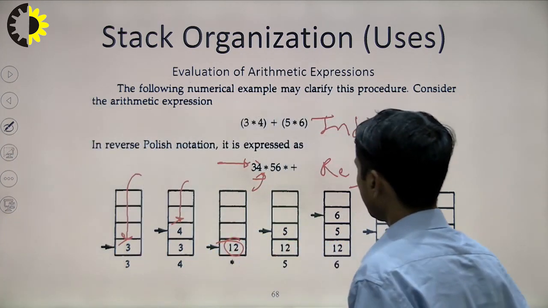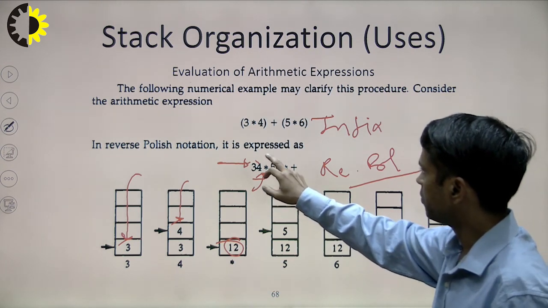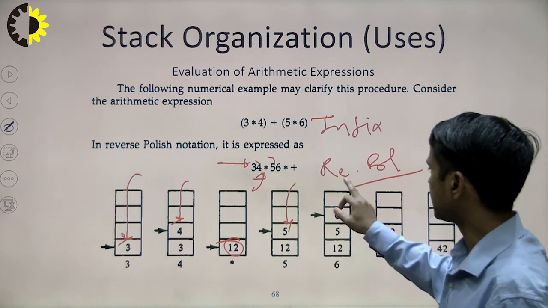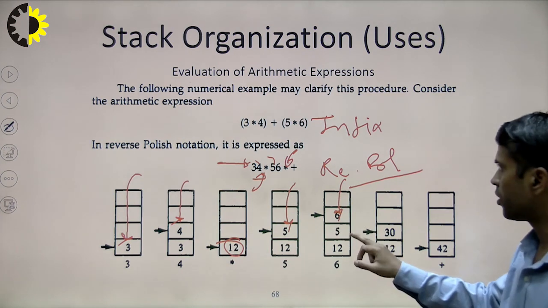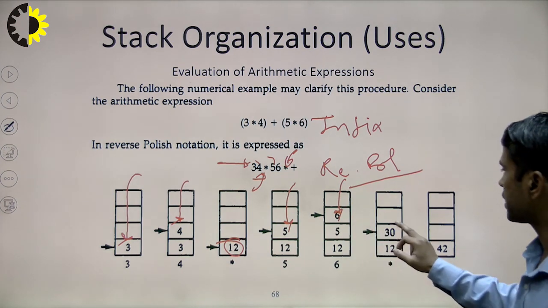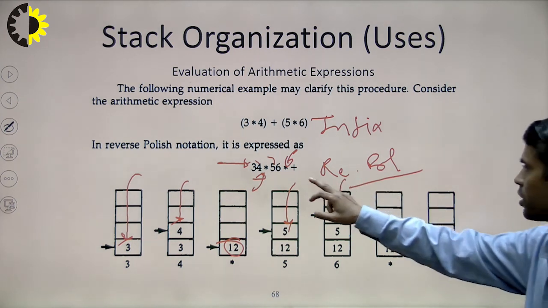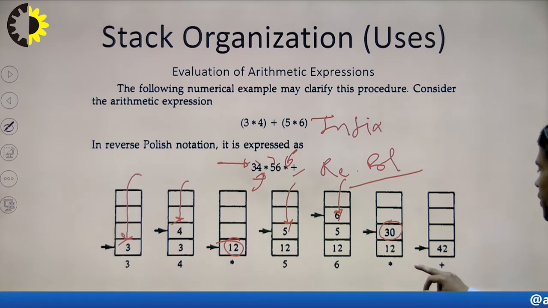Okay, then it will scan the next element in the reverse polish notation, then 5 is put here, then 6 is put here, then it encounters an operation again. So it will perform the multiply operation over 5 and 6, and it will store 30 here, and finally, it will encounter plus. So it will perform the plus operation over 30 and 12, and finally, it will store 42.